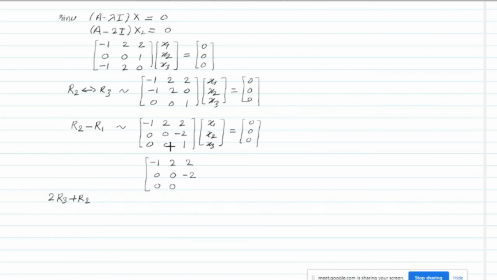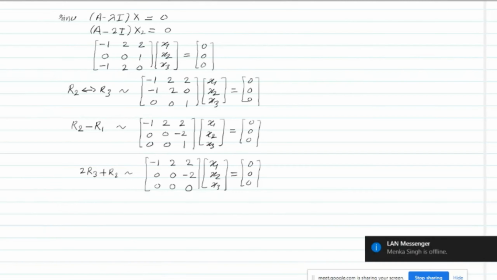Now 2 times here becomes 2, and minus 2, that is 0. And we will have x1, x2, x3. Just write down the right hand side, the null column matrix 0, 0, 0. Here the operation is 2 times R3 plus R2.